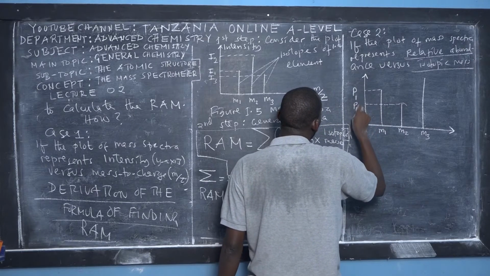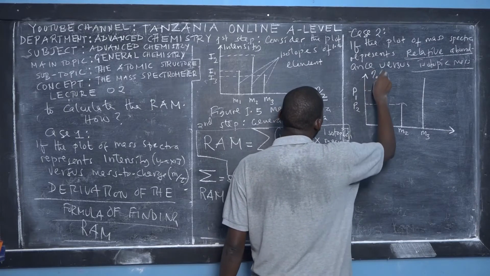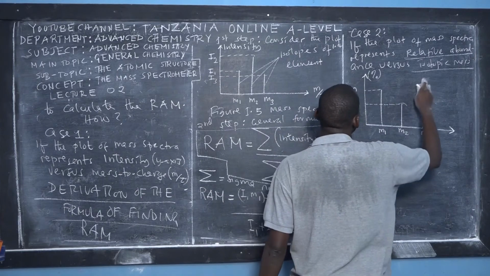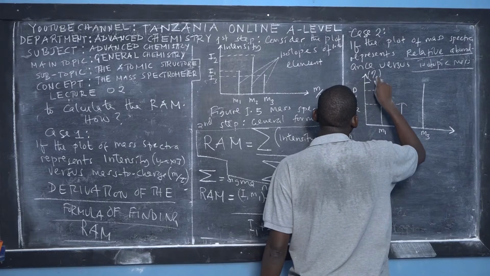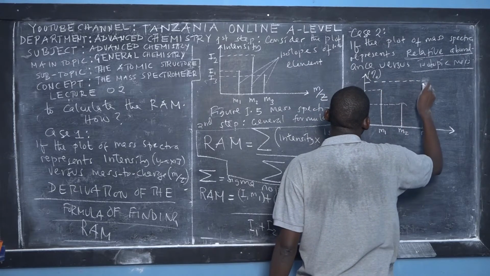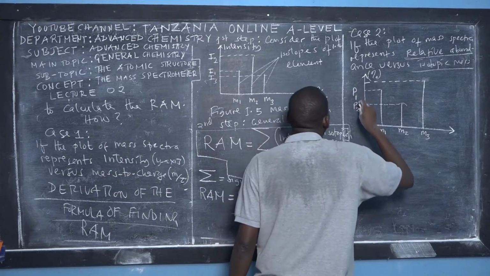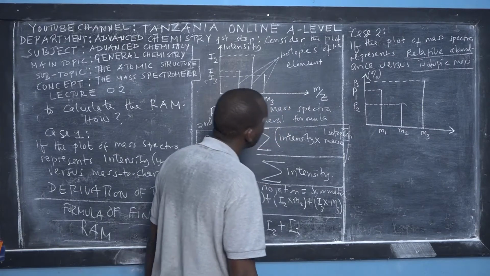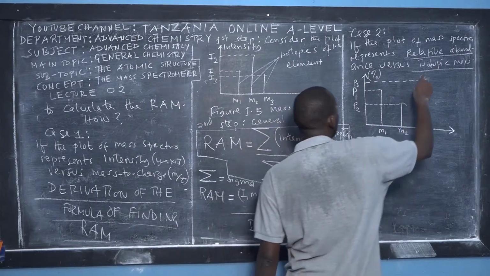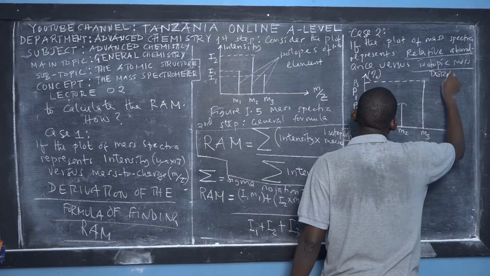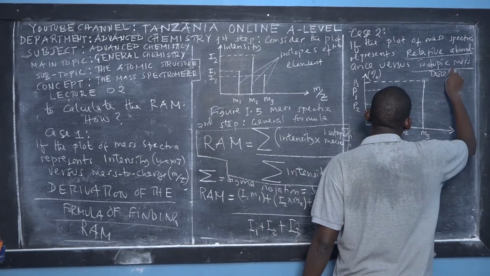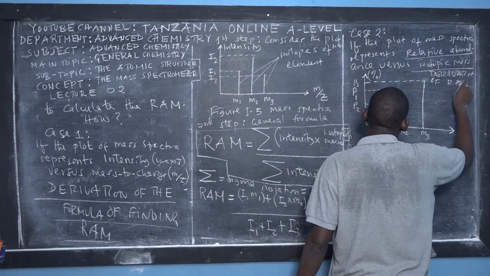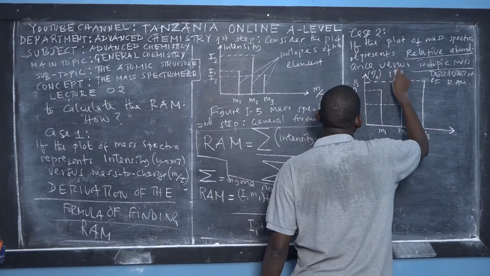So this is relative abundance 2, but remember that the relative abundance is expressed in percentage. And then here we have the third peak, with its relative abundance. So this is the first step, the reading of the relative atomic mass.